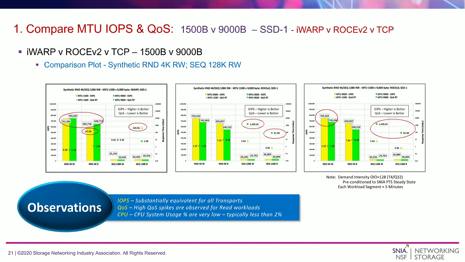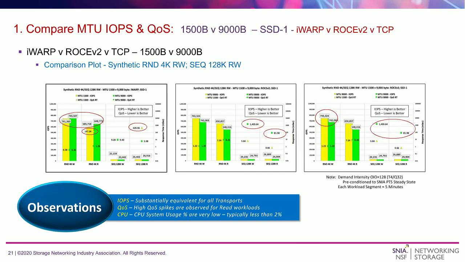You probably can't see a lot of detail on this slide, but basically, if you look at the bars, the yellow bar is 1500 byte, and the green bar is 9000 byte, and those are IOPs. The circles are the response times.